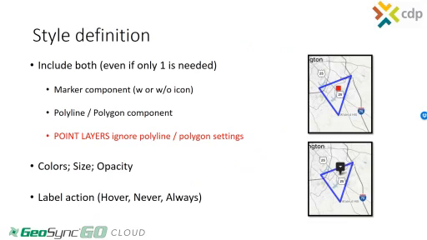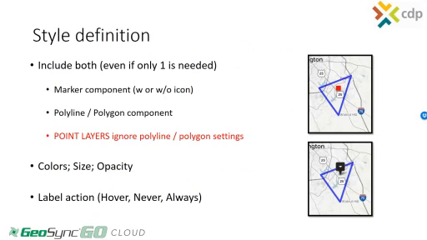So if we define a style in GeoSync Go Plus, one thing that's important to know is the style includes both a marker and a polyline polygon component all the time. So if you look here on the right, a style will always have a polygon or a polyline type feature plus a point feature. That's always the case, even if you're only going to use one.